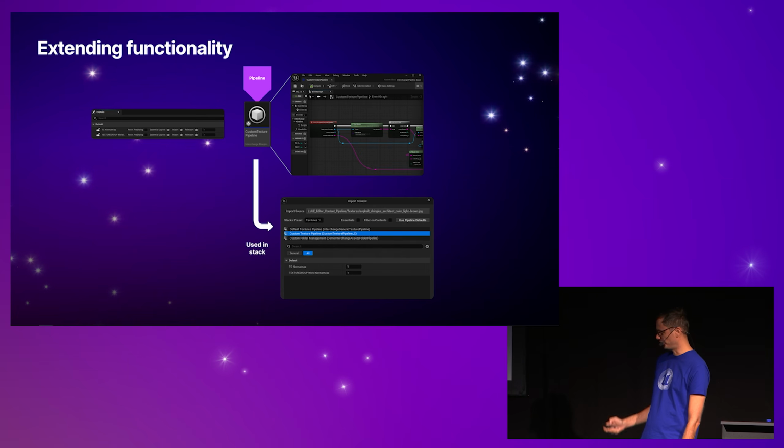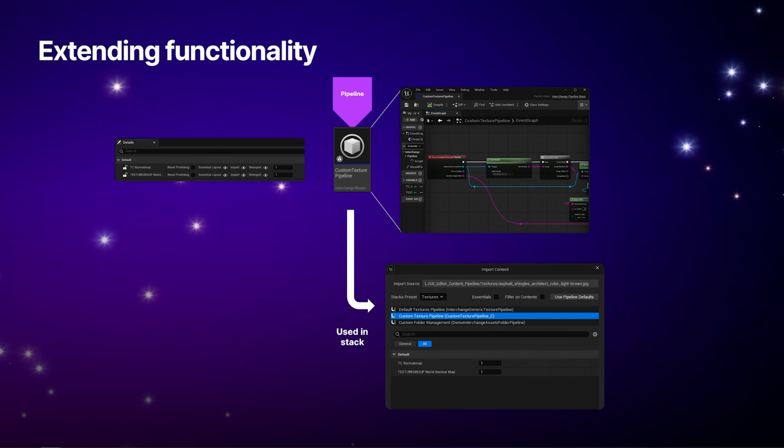If you want to go a bit further, there's a way that I was showing before where you can make blueprint pipelines. So again, it's an asset you create. Inside you have some function hooks where you can say, I want to do some operation, like change some properties on the factory that is going to create my assets, or change properties on my asset now that it's created.